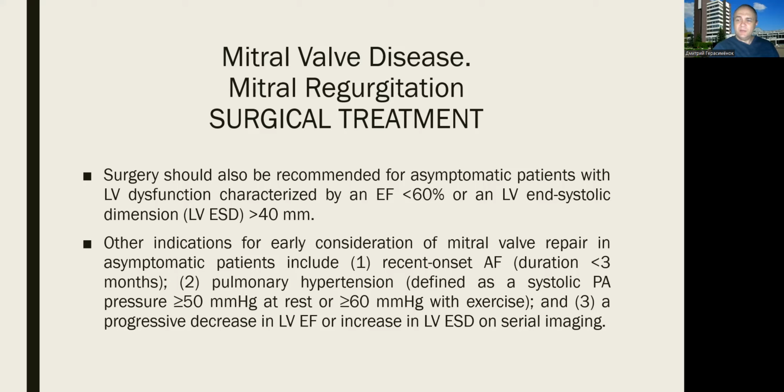Second, pulmonary hypertension, defined as a systolic pulmonary artery pressure more than 50 millimeters mercury at rest. And third, a progressive decrease in left ventricle ejection fraction or increase in left ventricle end systolic dimension on serial imaging.